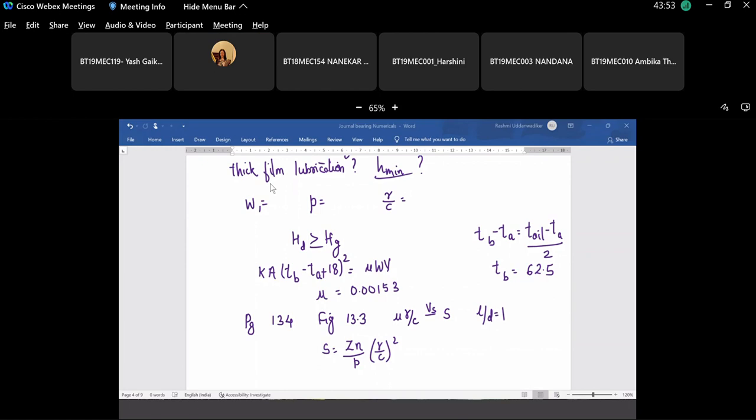Okay, yeah. So S is 0.02 or 0.03. What are you getting? What is your mu r by C? 0.03. What is mu r by C? 1.5. So for mu r by C 1.5, your graph starts from 0, midpoint is 1, between 1 and 2 this is 1.5, and for L by D 1, it has to be 0.03.